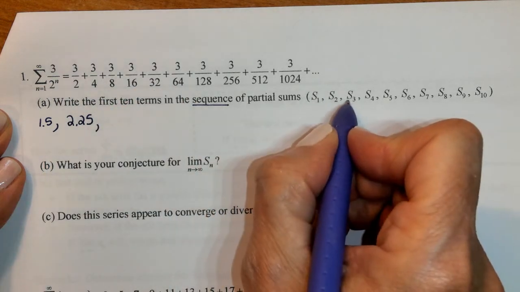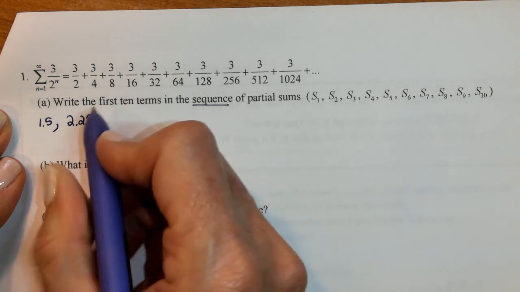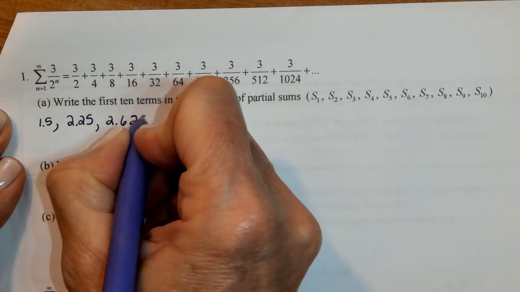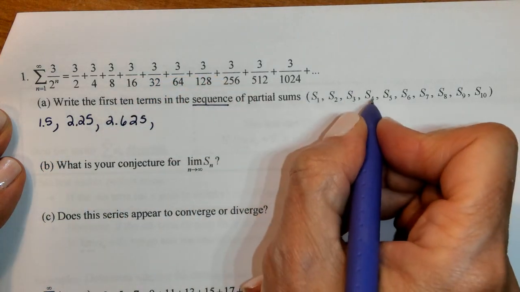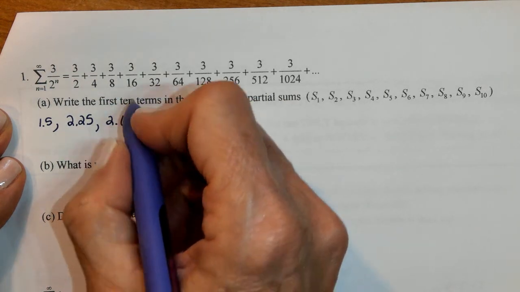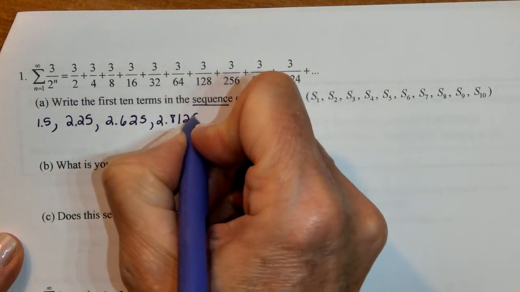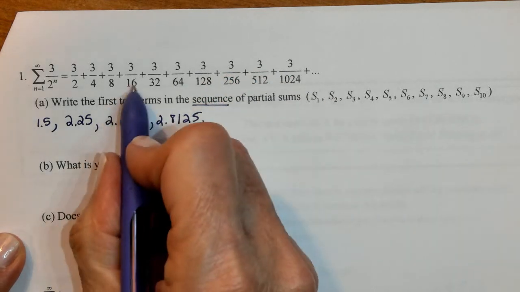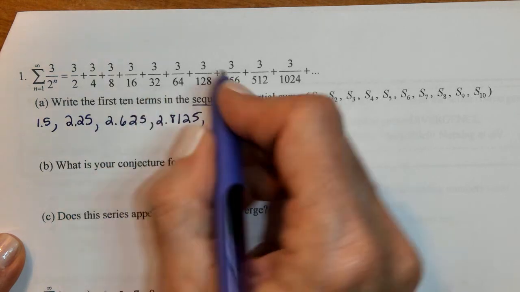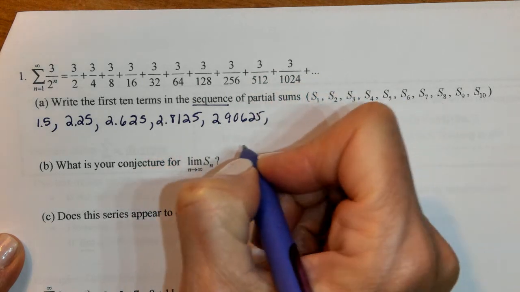S sub 3 will be the sum of the first three terms. So if I take that 2.25 and add 3/8, I get 2.625. So that's S sub 3. For S sub 4, I add 3/16 to S sub 3, and that gives me 2.8125. Now I add the next term in the sequence, 3 over 32, and I get 2.90625 in my calculator.